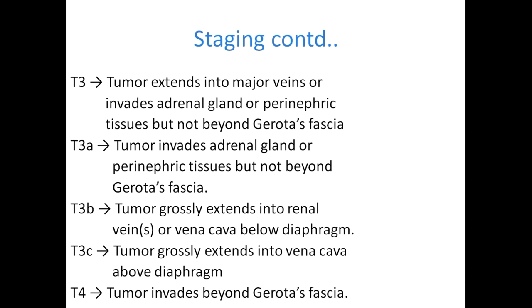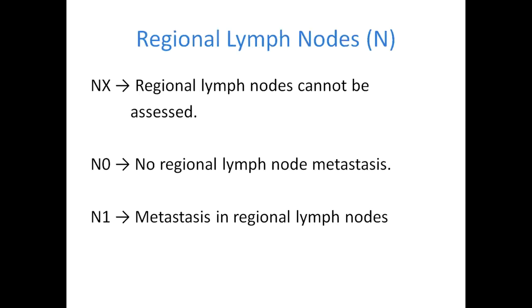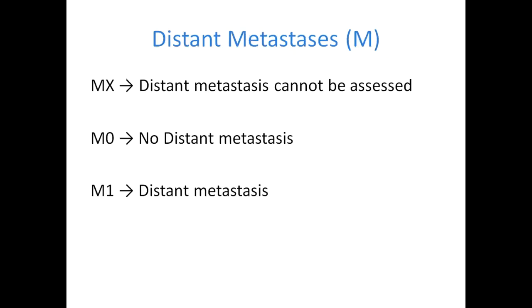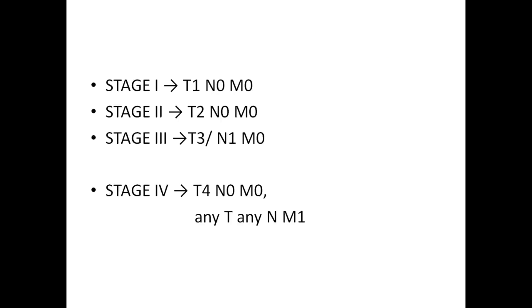T3B is involvement of the renal vein or vena cava below the diaphragm. T3C is tumor extending to the vena cava above the diaphragm, and T4 is tumor invasion beyond Gerota's fascia. N0 is no regional lymph node involvement, N1 is any metastasis in the regional lymph nodes. And distant metastasis is M0 and M1.